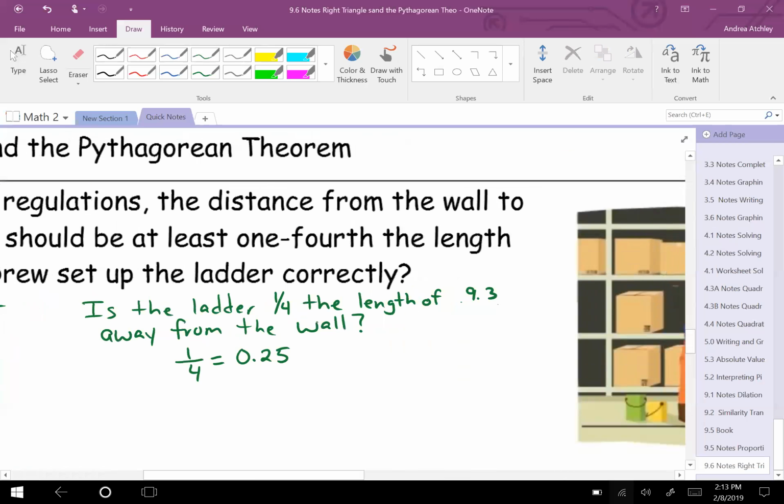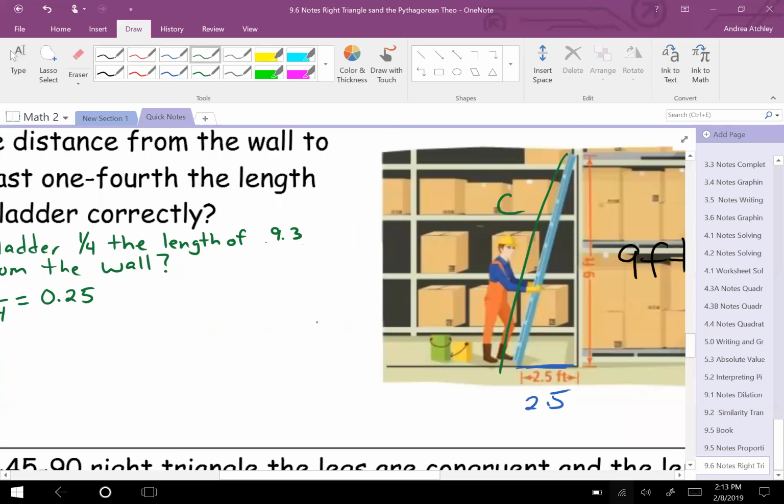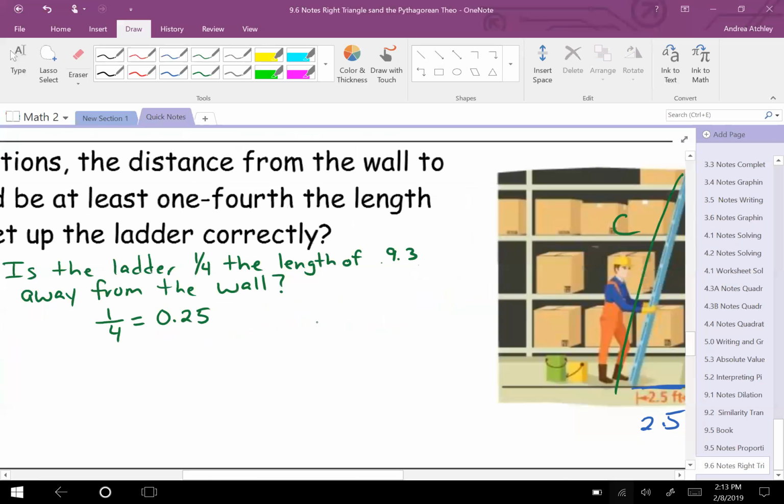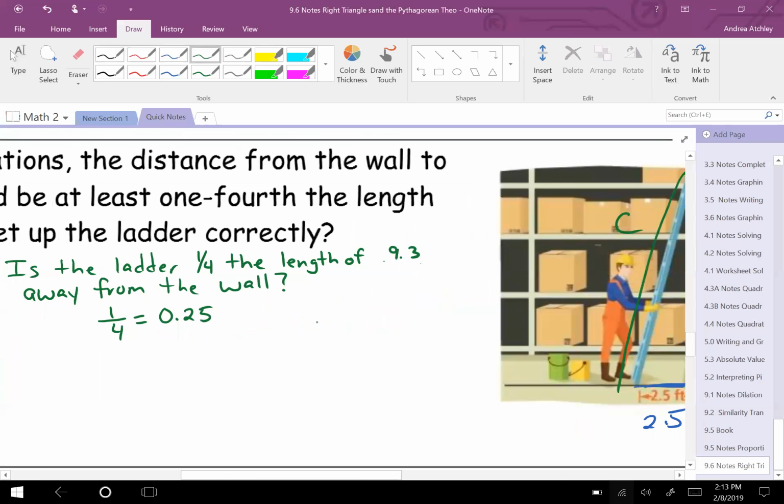How is the relationship between the distance from the wall, which is 2.5, and 9.3? So we're going to put the 2.5 on top over the 9.3, and I'm going to see what that ratio is when I divide that. I've got 0.26.